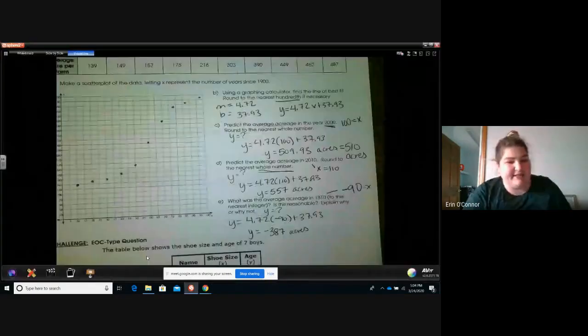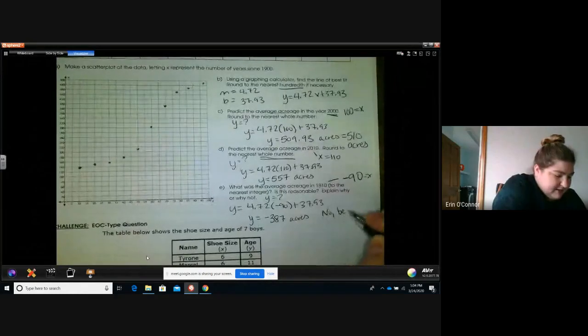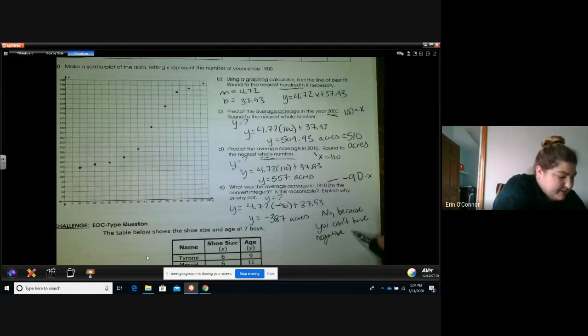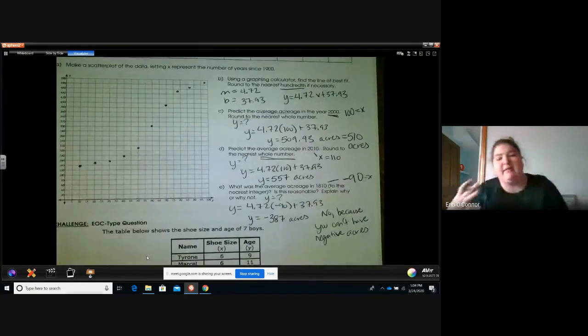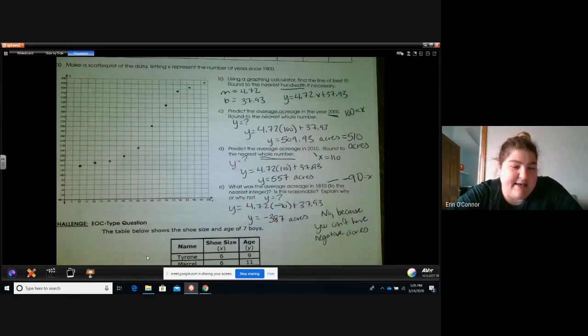Negative 387 acres? No. Because you can't have negative acres. It's just not possible. Can't have negative land. So it's not really a reasonable explanation. So there must be somewhere where this levels out at some point.